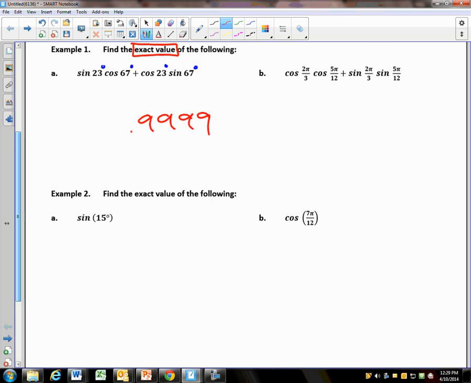Something like that, I award you no points. I can teach Kira to plug that into a calculator. I cannot teach her how to use the sum and difference formula. That's the trigonometry. So your work must support your answer correctly in order to get these points.